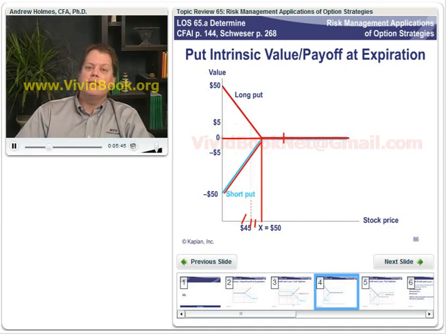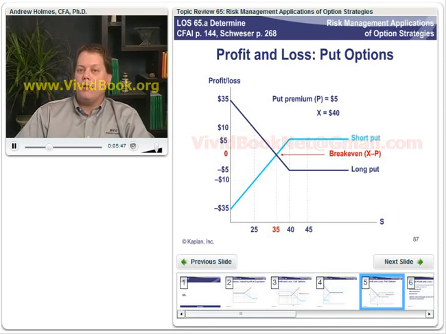What about the profit loss diagrams? Once again, if you are long a put, that is, you have the right but not the obligation to sell this, in this example, at $40, then you had to pay for that privilege up front. So whether you're long a call or long a put, you're the one that is paying the premium, right?